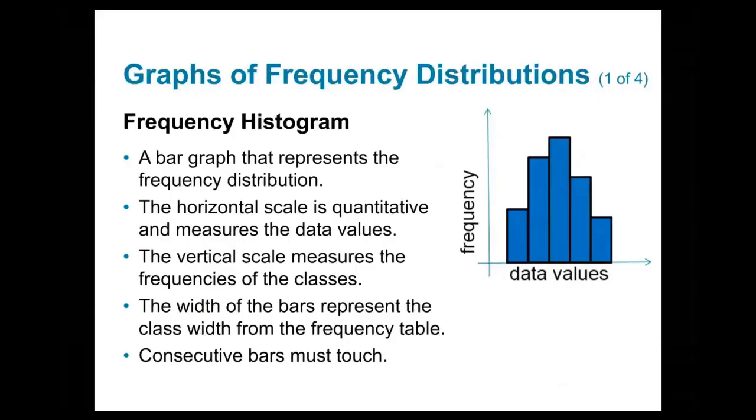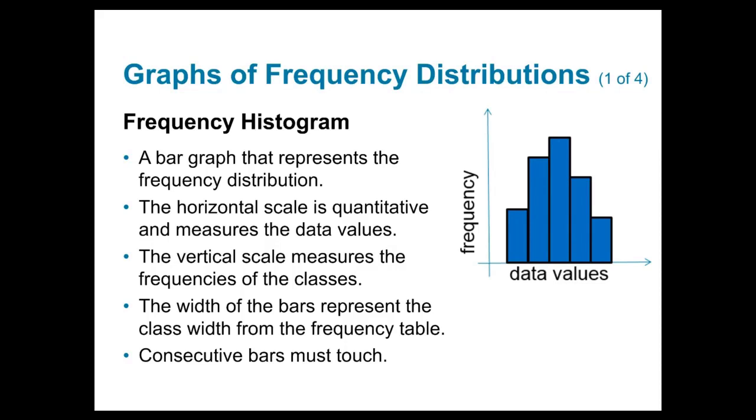All right, so the last piece of this section is talking about histograms. Basically, a histogram is a picture of that frequency table. It's taking that table and putting it into a picture.